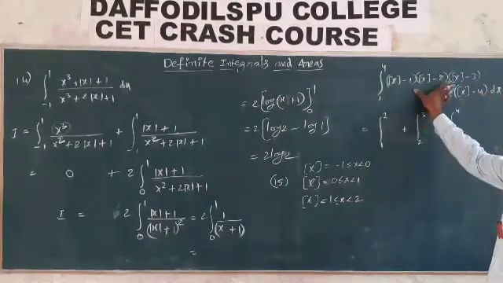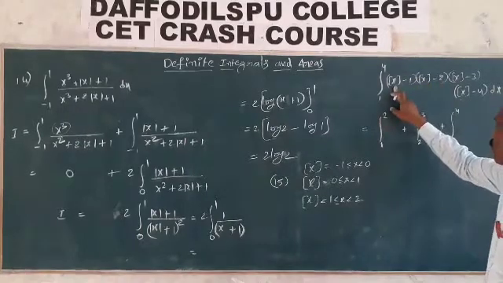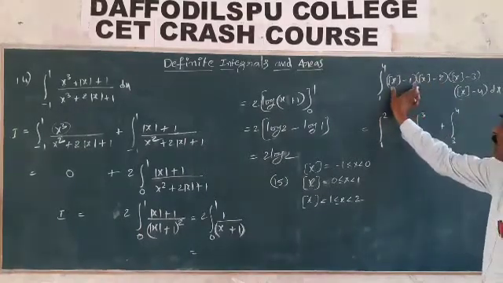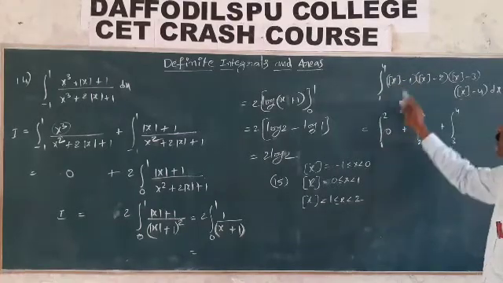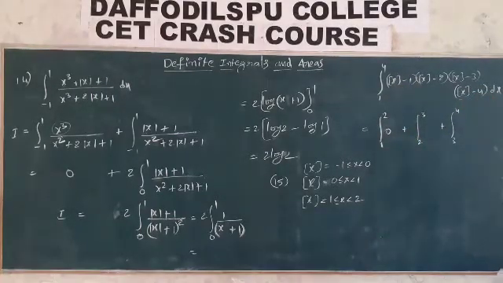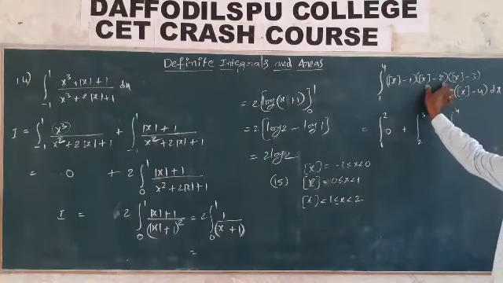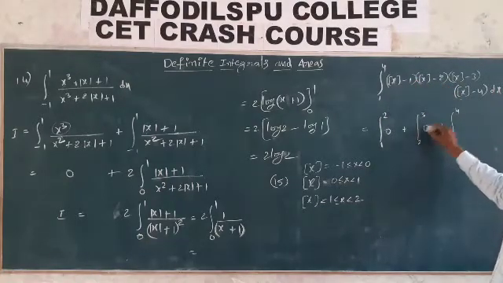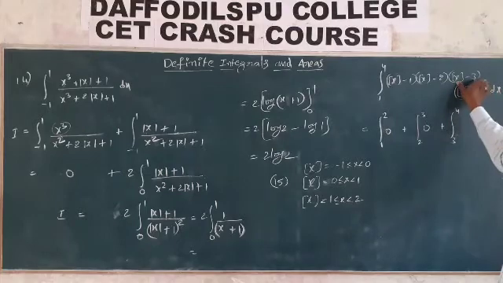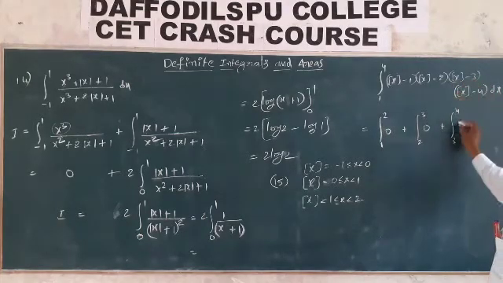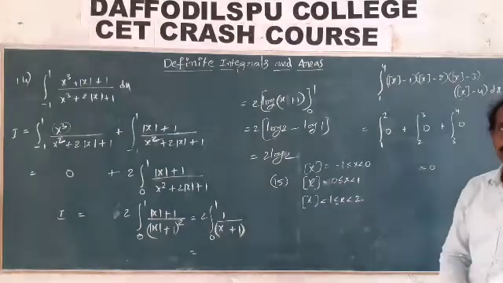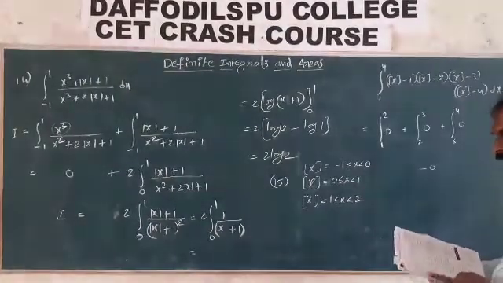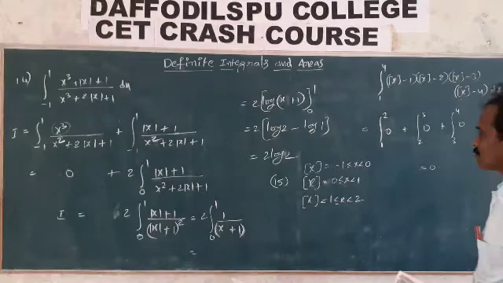Suppose 1 to 2: this bracket value is 1, and 1 minus 1 is 0. Zero times everything is 0. Between 2 and 3 and between 3 to 4, the value is likewise 0. So totally the value is equal to 0. Clear? So which option is the correct answer? The first option is the correct answer.